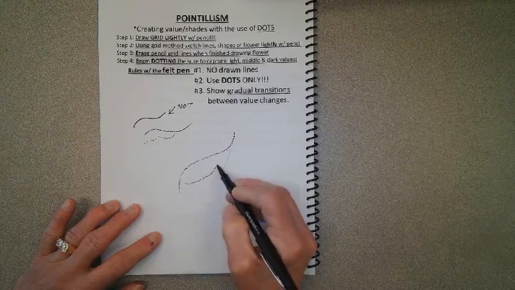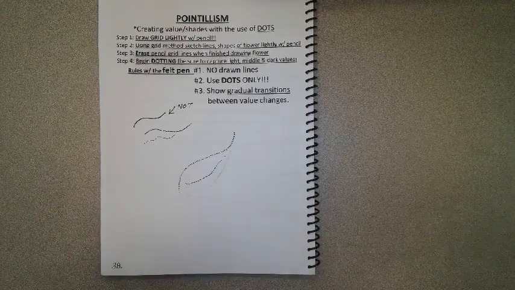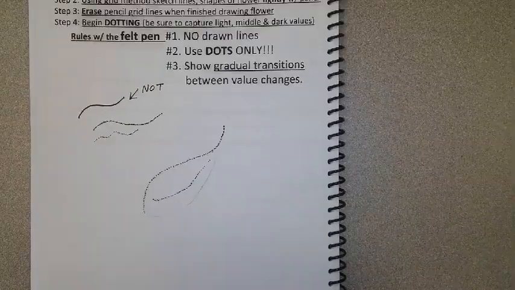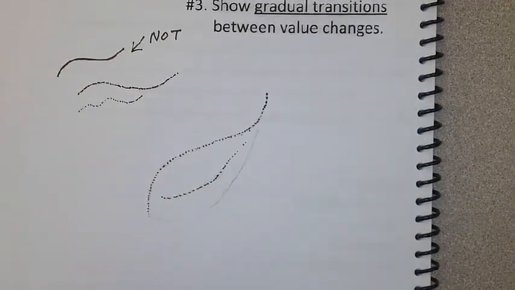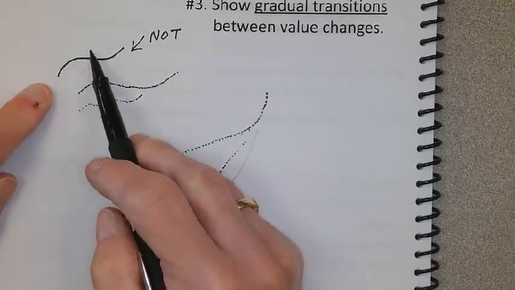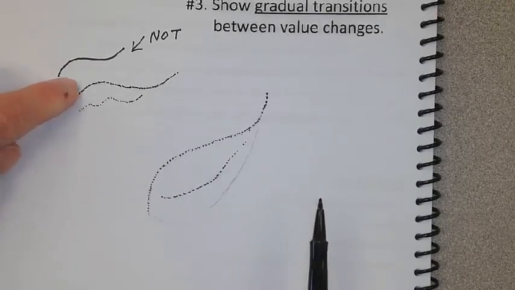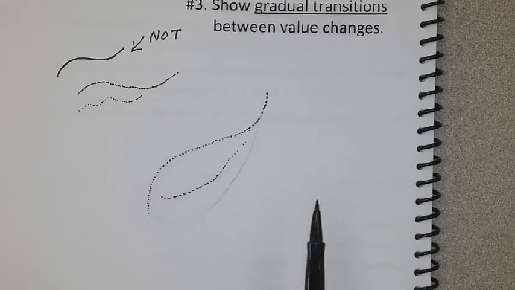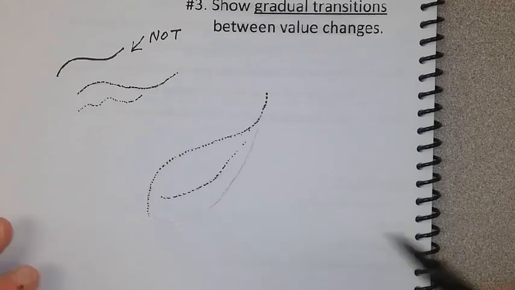Basically, I'm dotting. And if you notice, as I should have enlarged that sooner. Go back here, notice the drawn line. Notice the difference between the two dotted lines. Very easy to spot if you draw your lines.